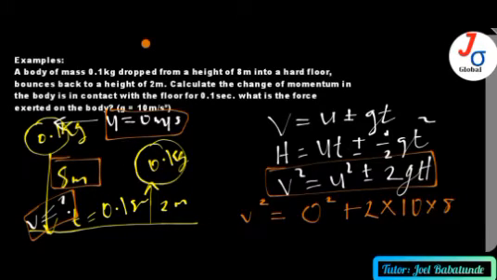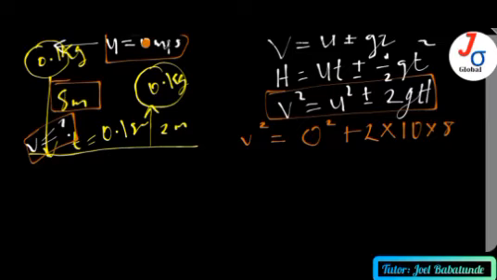So V squared is equal to 2 times 10, which is 20, times 8, which is 160.